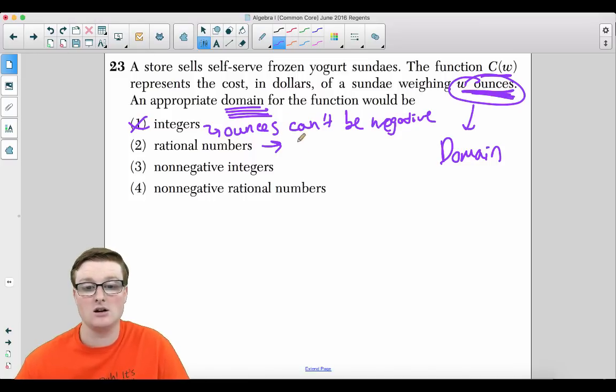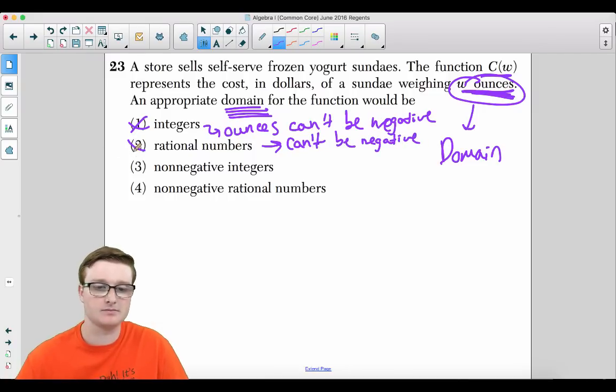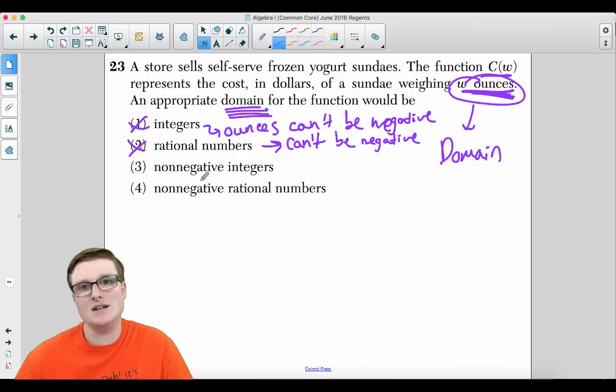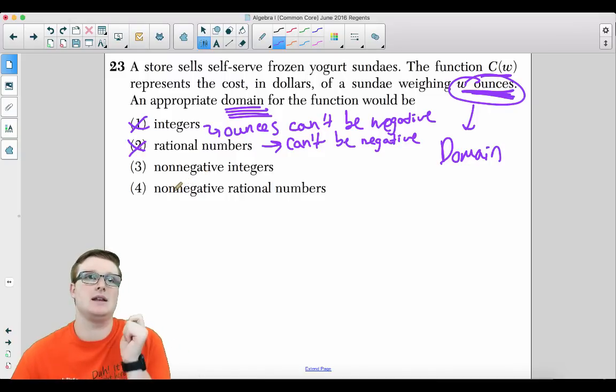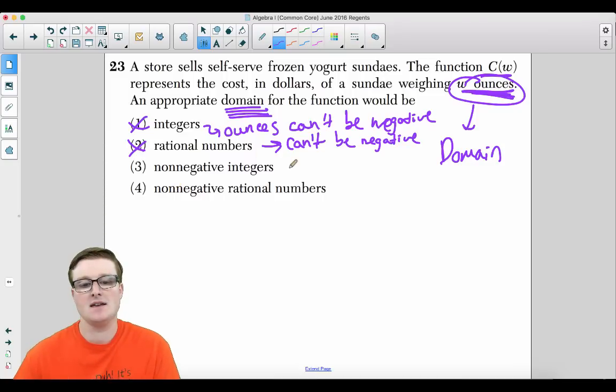So again, we can't have negative ounces. Non-negative integers. So that means 0, 1, no, I'm sorry, not 0. So 1, 2, 3, 4. So any of those numbers. That's a good answer.